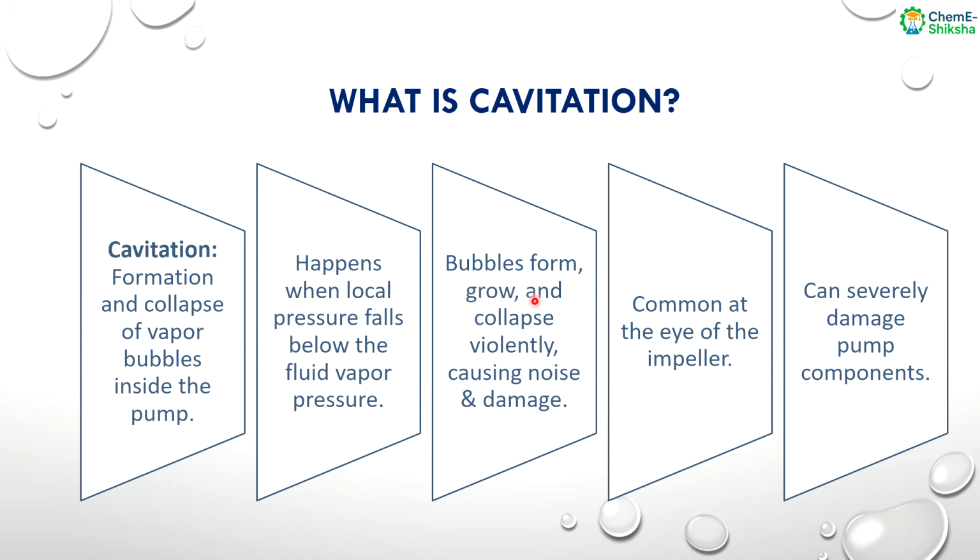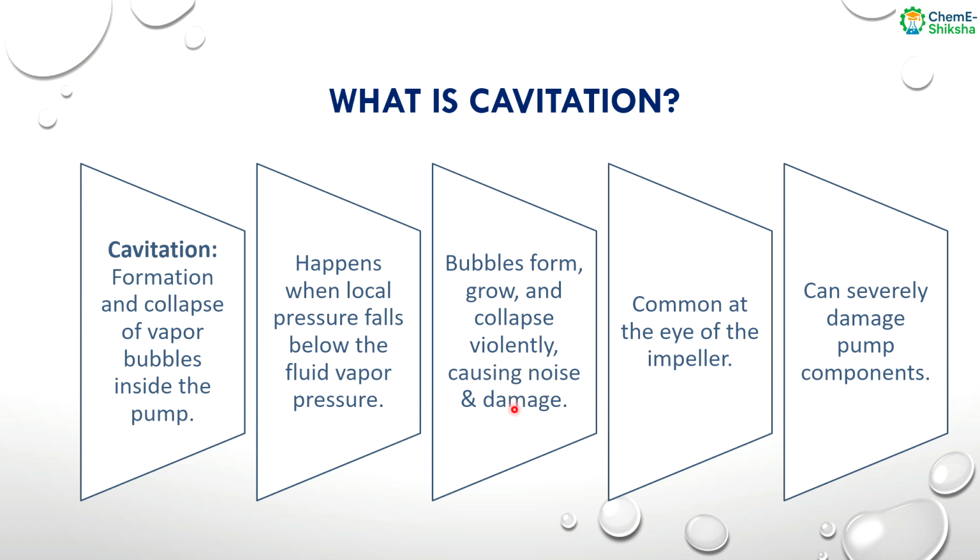But after the eye of the impeller, where the pressure is minimum, pressure again increases, and then the vapor bubbles will start collapsing violently, and it will cause noise and damage.